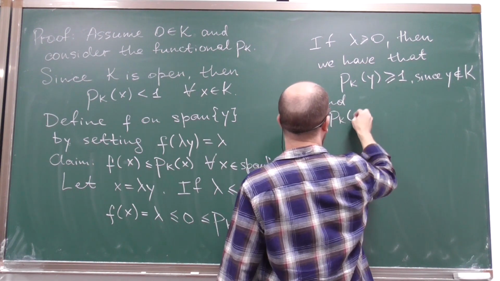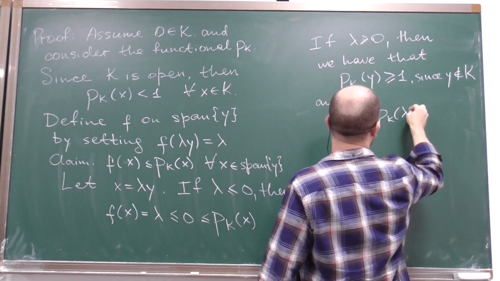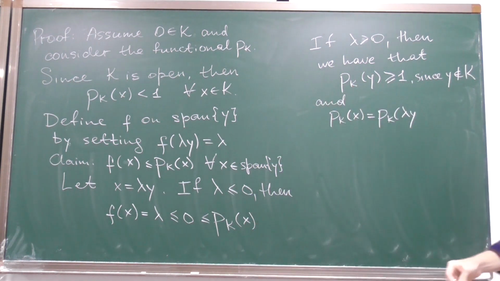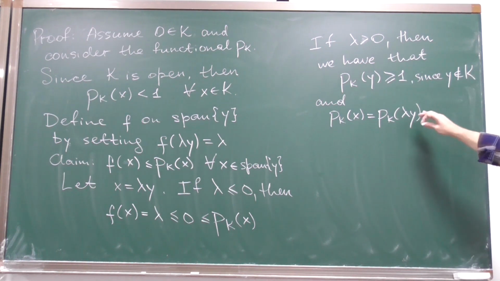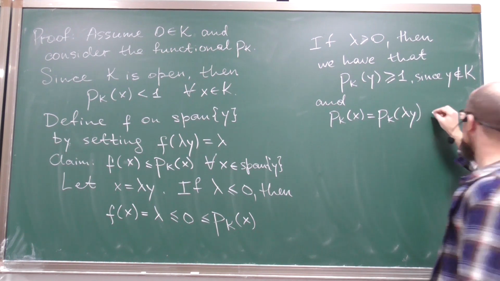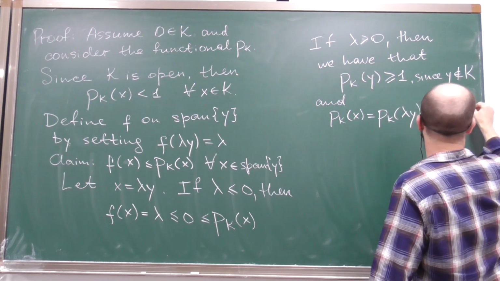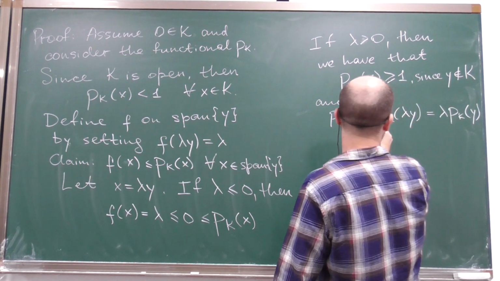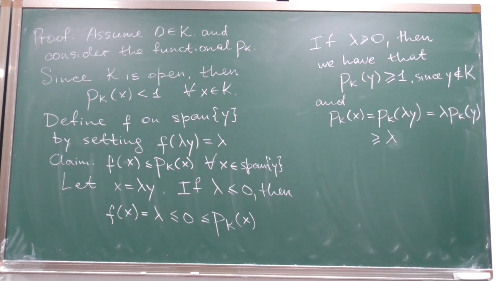p sub K of x equals then p sub K of lambda y. Lambda is positive and p sub K is positively homogeneous, so it equals lambda p sub K of y, which is greater than or equal to lambda.